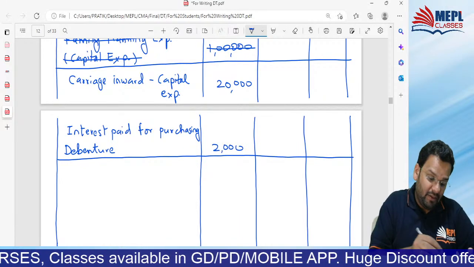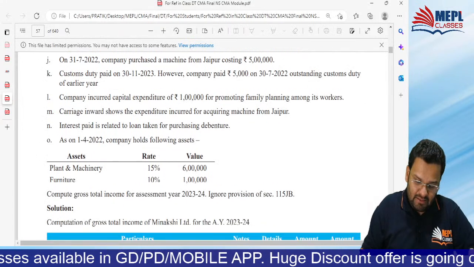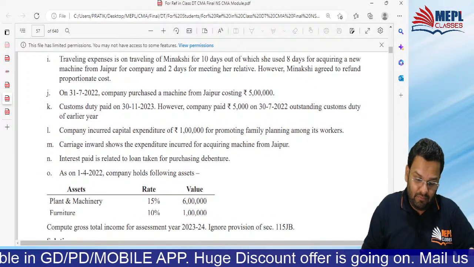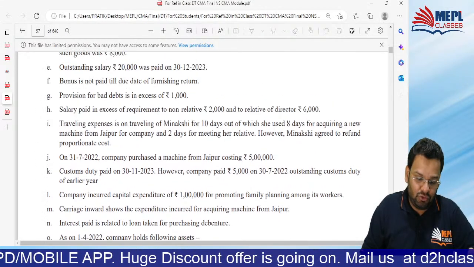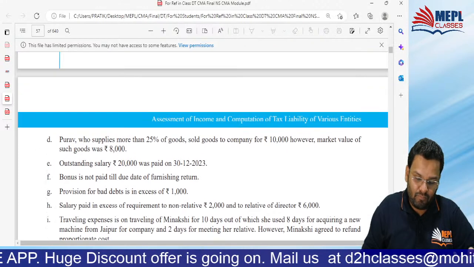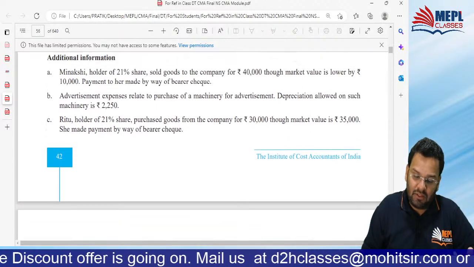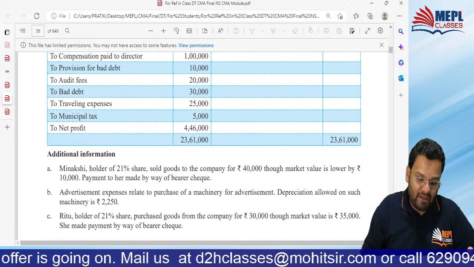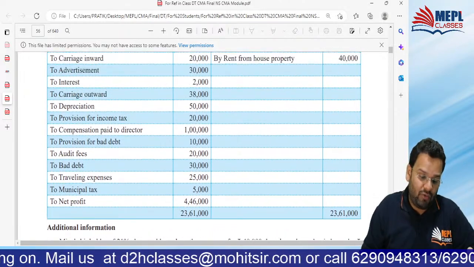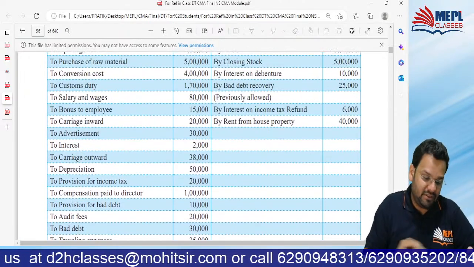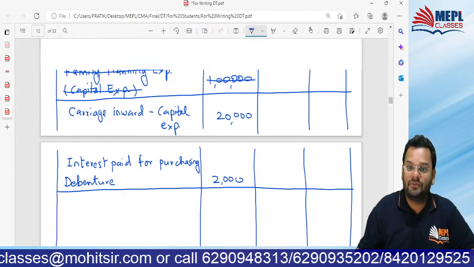Is anything else to be added? Just quickly go through it and tell me. If nothing more is to be added, take total of additions.